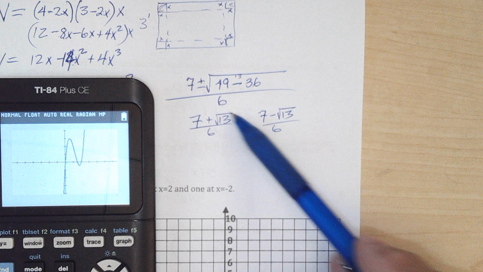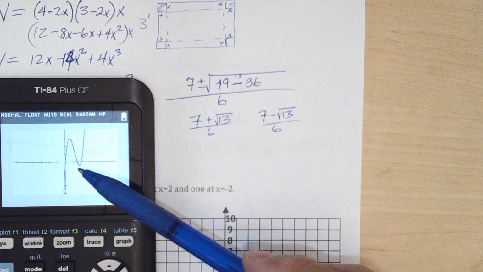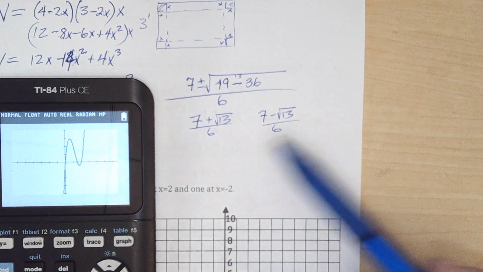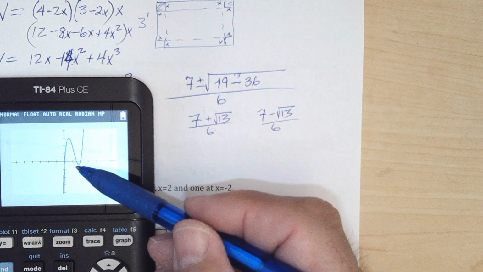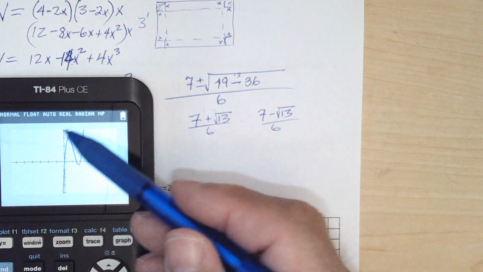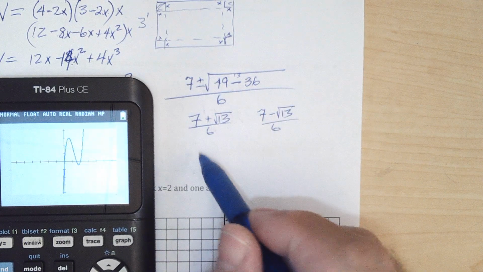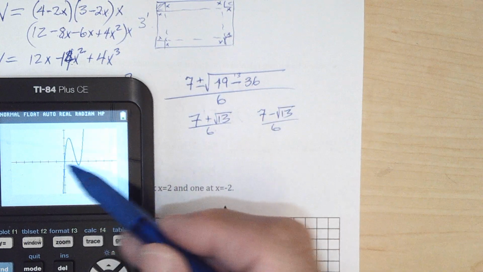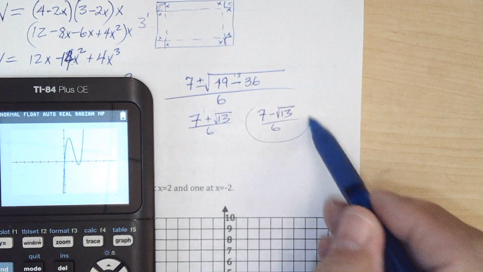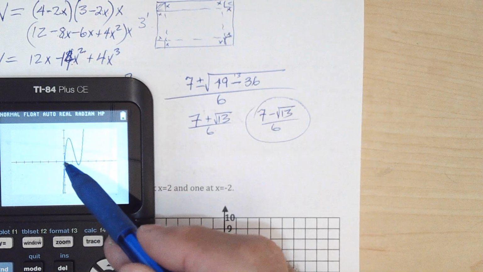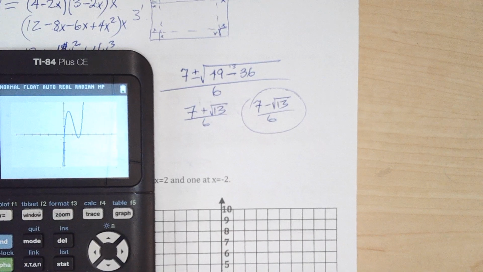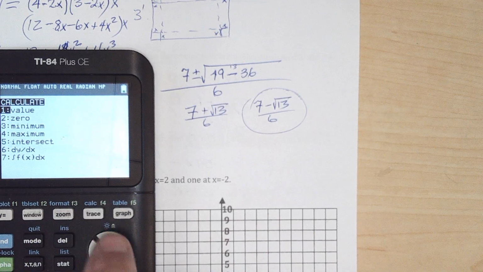Oh, we're looking for the max or minimum, so there's a max and there's a min. The max, this min is negative, so we don't want that. There's a max here, and then it goes on forever, but we can't have those sizes. So it's going to be this one, I believe. It's got to be around point something. So I can calculate the max.